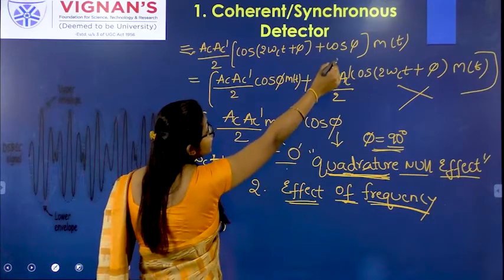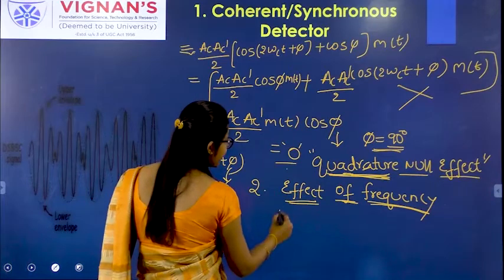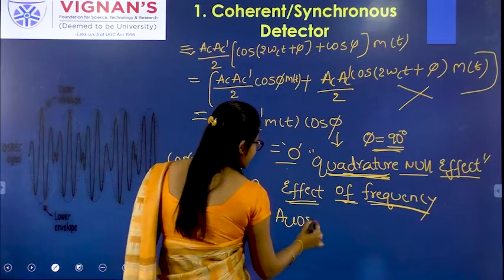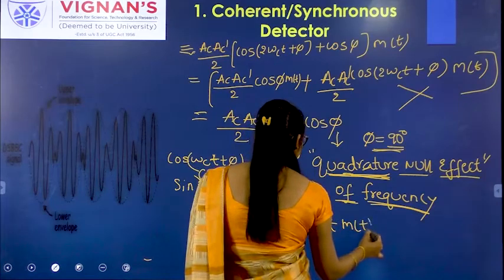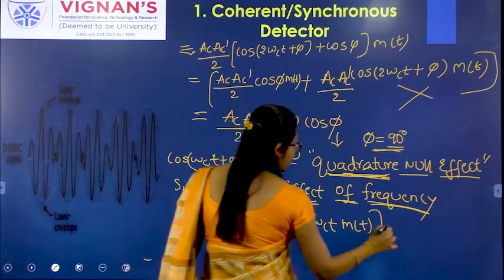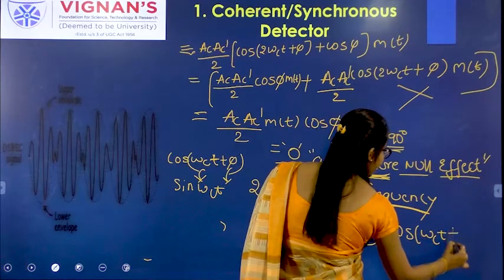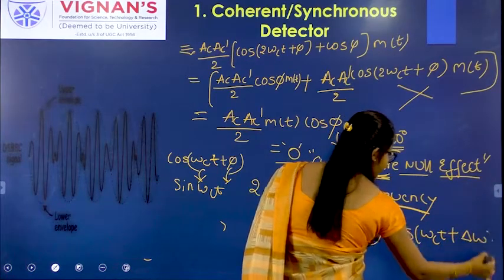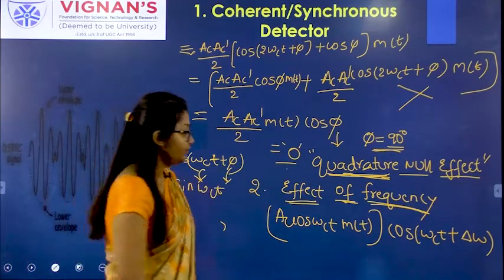Same, I am considering Ac cos omega ct times m of t, and in the carrier signal I am considering omega ct plus del omega, where del omega is the change in frequency, right?